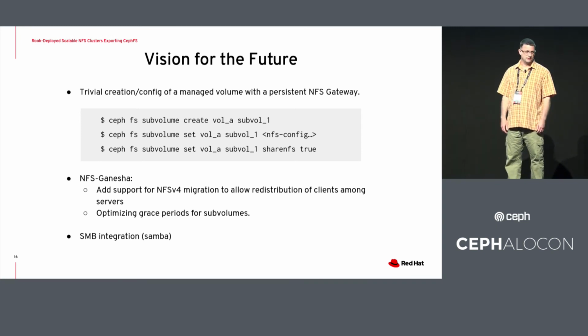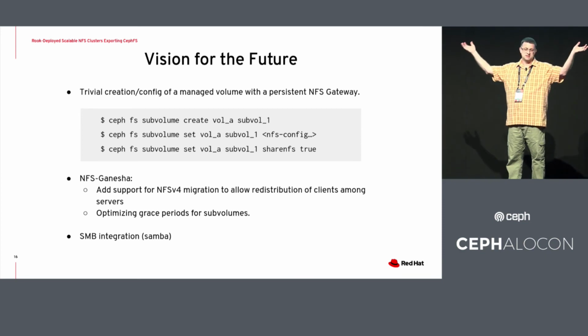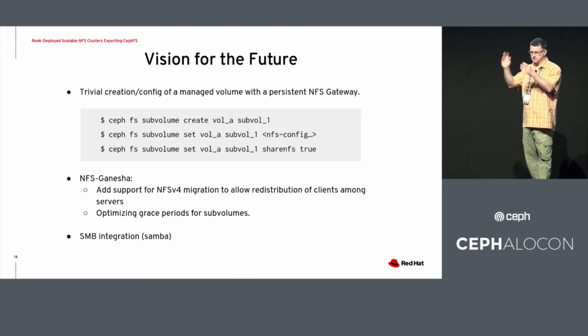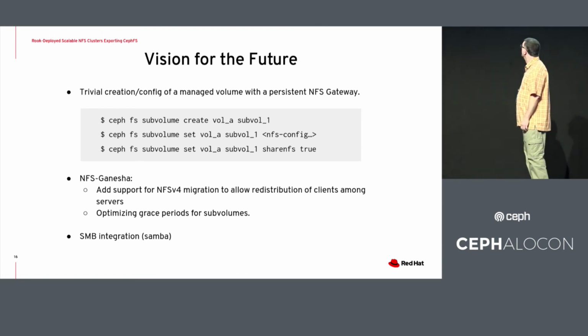We could leverage that to do things like scale down a cluster. If we've got, say, a 3 or 4 node cluster and we want to scale down to one less, we could migrate everybody off of that node and onto other ones, and then we could decommission that node.